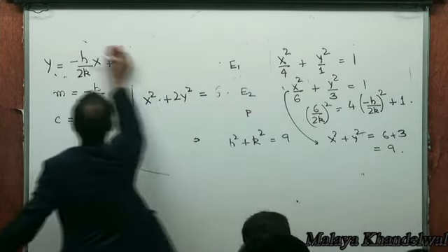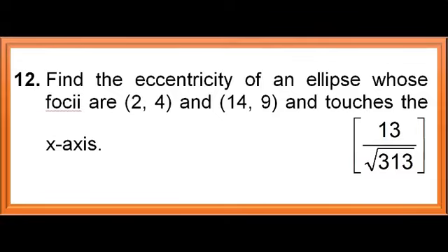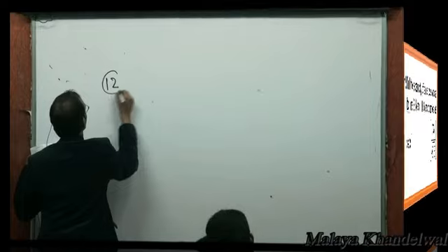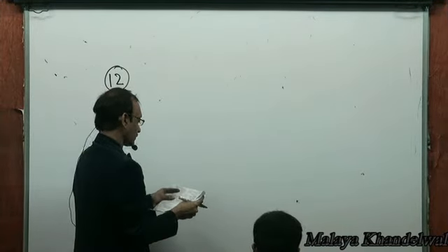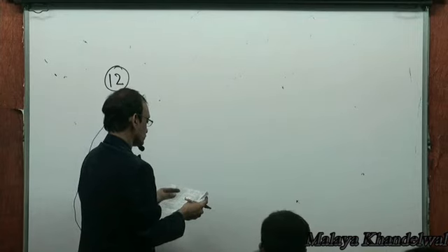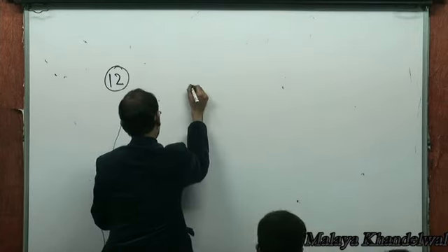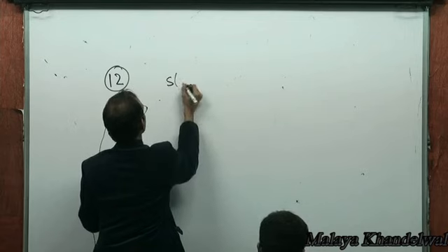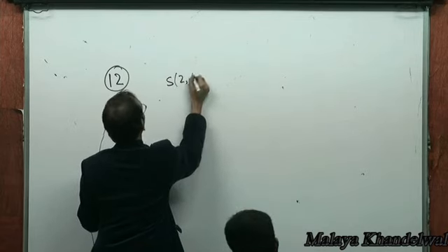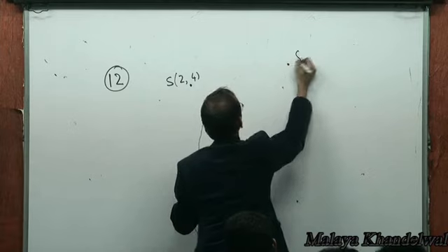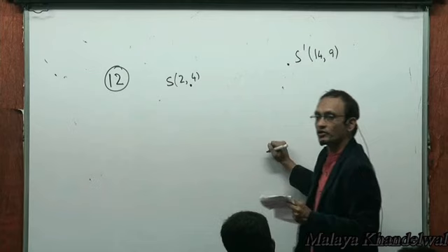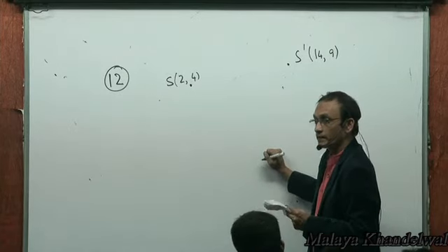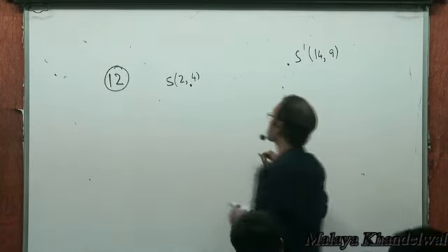Let's look at problem number 12. The two foci S, 2 comma 4, and S prime, which is 14 comma 9, are the two foci of a certain ellipse.